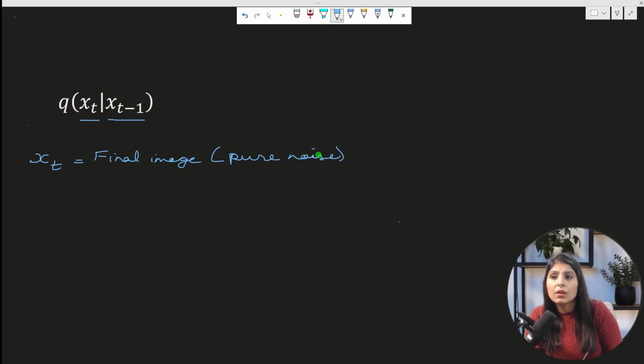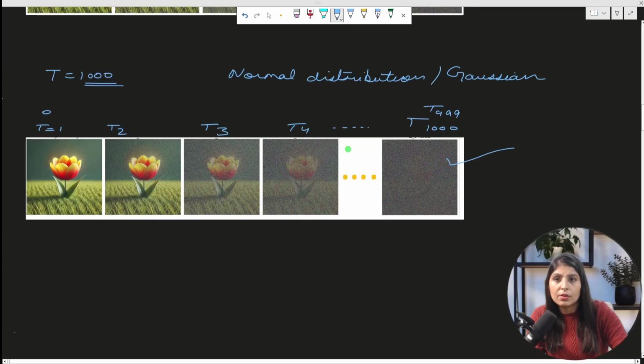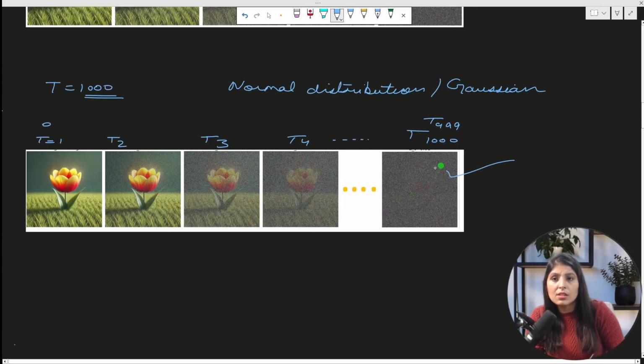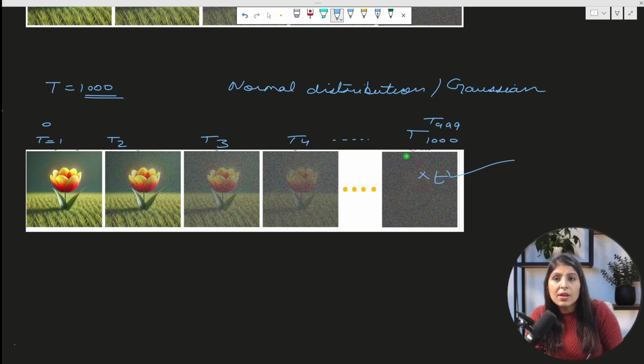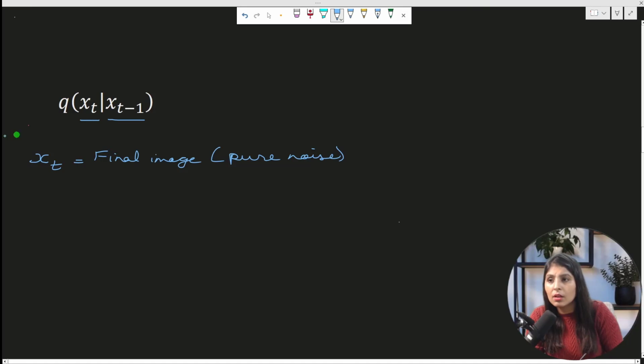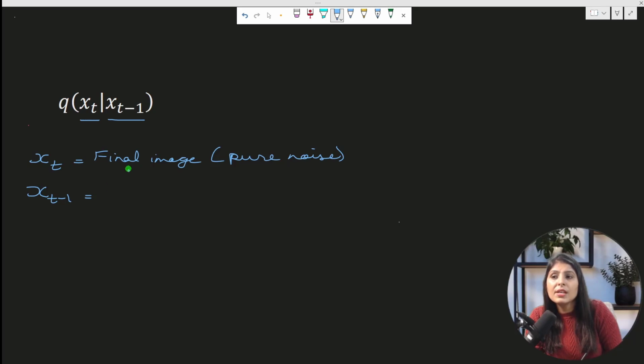The image before that will be xt minus 1. Xt minus 1 will be the previous image.